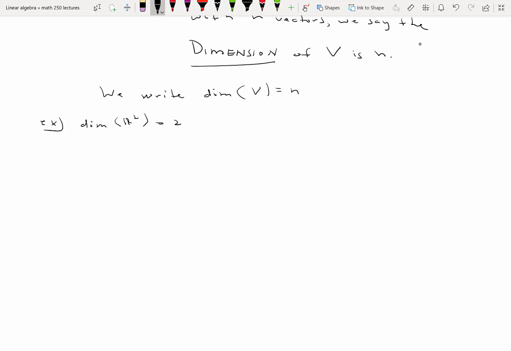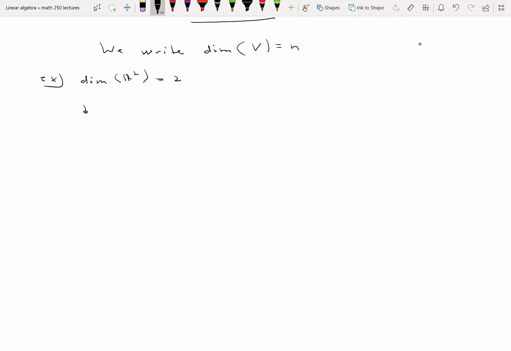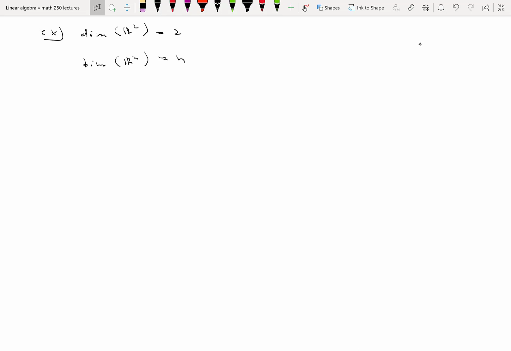We have the standard basis vectors, the column vectors (1, 0) and (0, 1). So every basis for R2 is going to have two vectors in it. So the dimension of R2 is 2. So what's the dimension of Rn? Well, pretty obvious. That would be n.